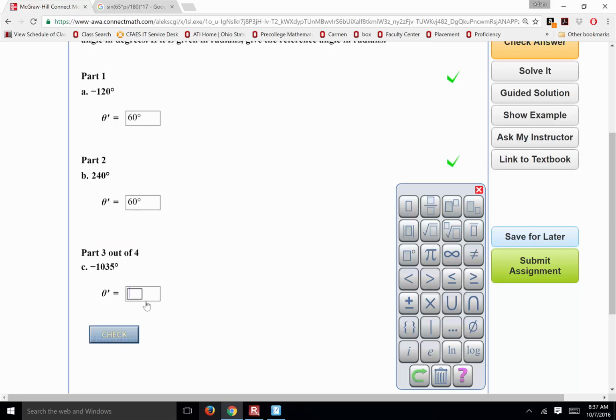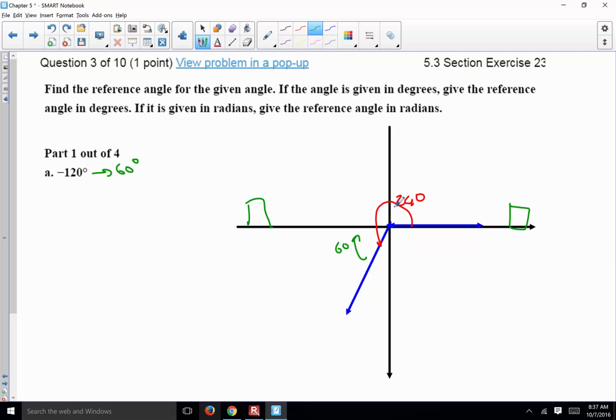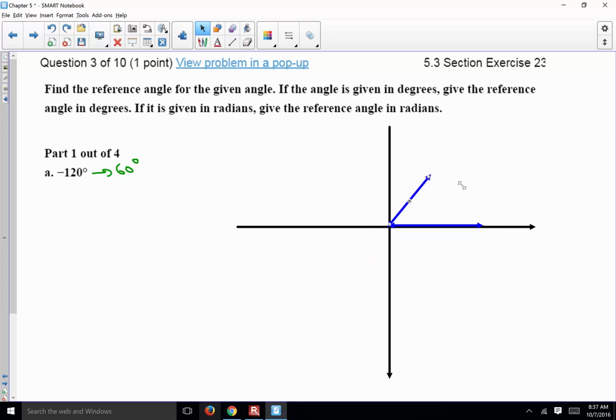Alright. Wow, negative 1035? This is going to take some turns. Negative 1035. Alright, negative means you are turning clockwise. Since 1035 is more than 360, it's going to make a full turn. One turn is 360 degrees.